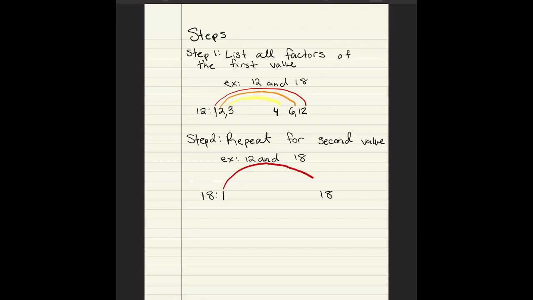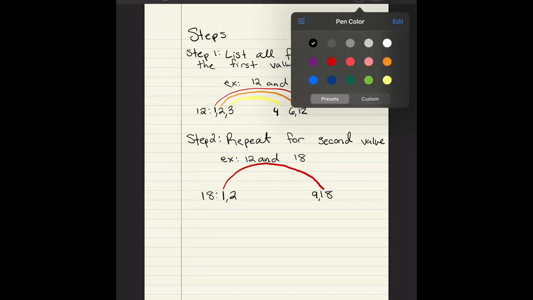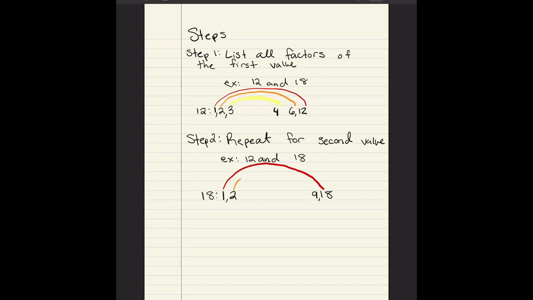Okay, so I have 1 to 18. I know that 2 can be multiplied by 9 to get 18. That's my second. What about 3? Can 3 go into 18? Yeah. 3 times 6 is 18.